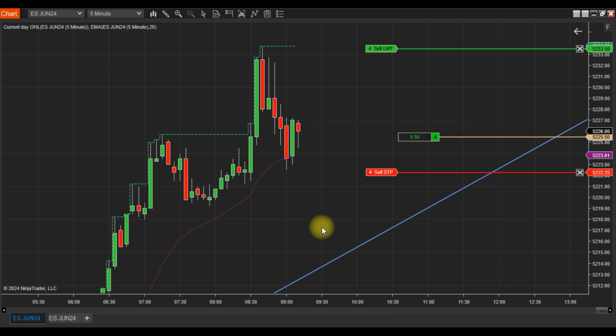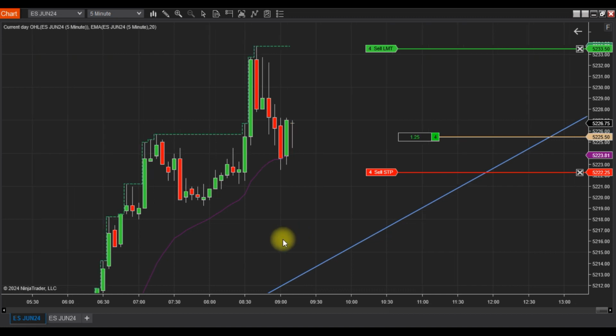Hopefully this bar will get bought up and we'll go one tick above this bull bar and it'll trigger bull entries. Let's see. Okay, some stop orders are filled now.